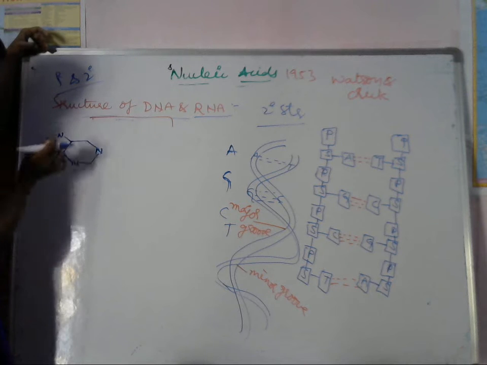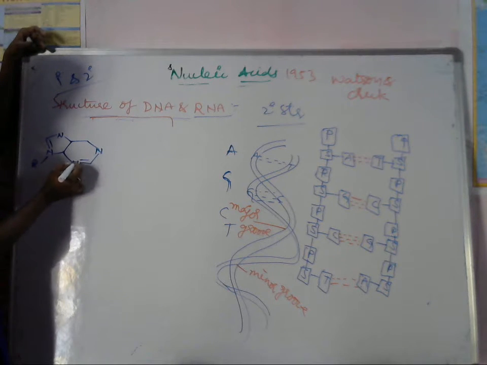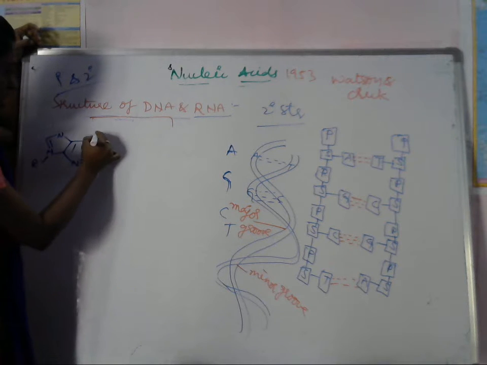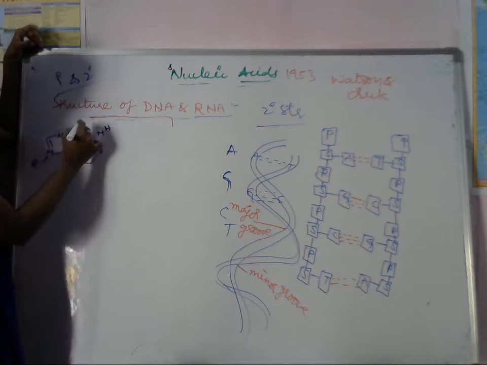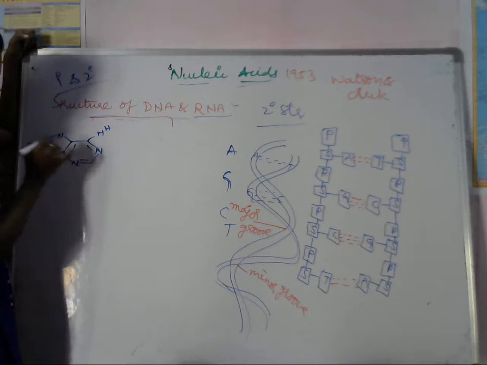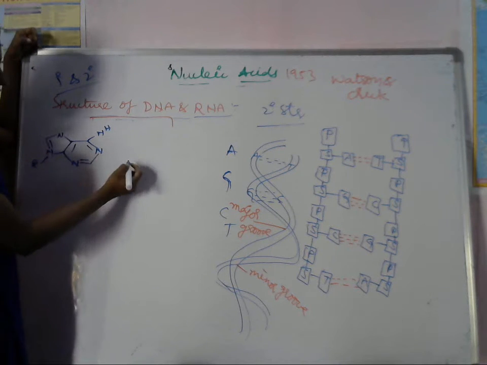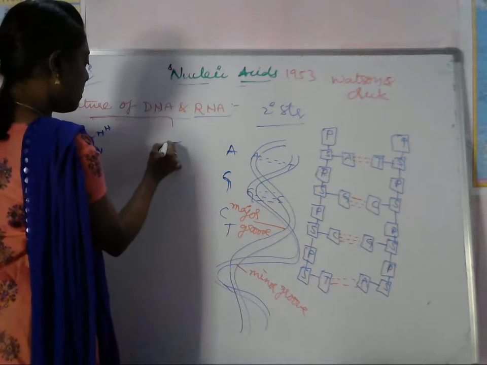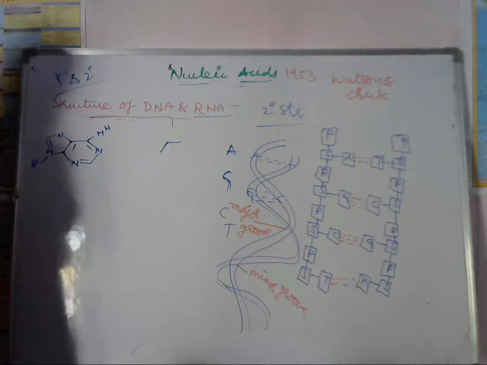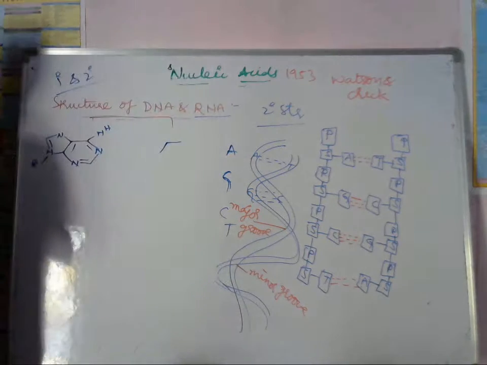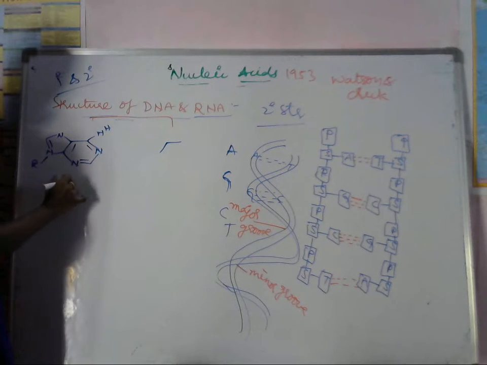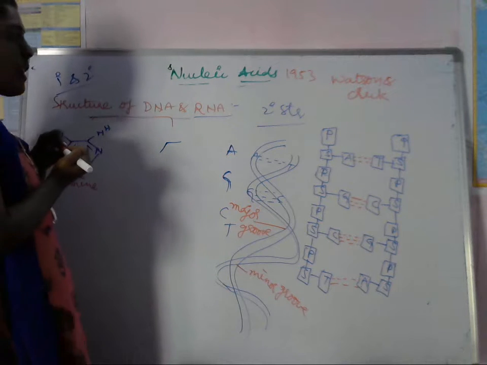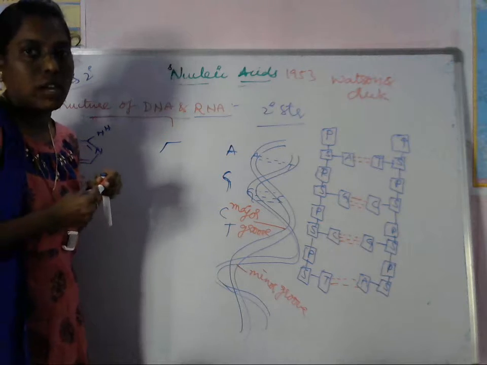So we are taking this adenine compound. Here an NH2 group is there, and next an NH, and we have to write the pyrimidine. This is the adenine. Adenine always forms bonds with thymine.